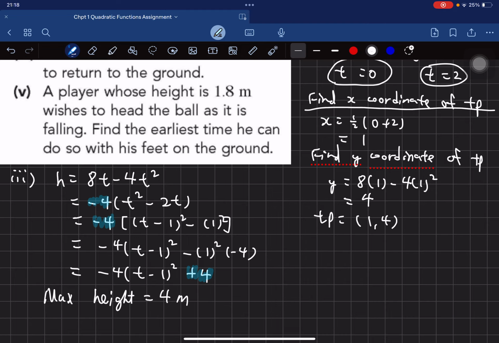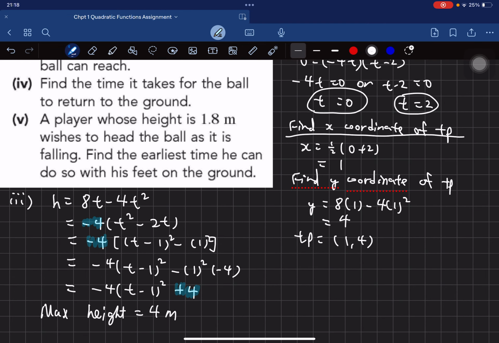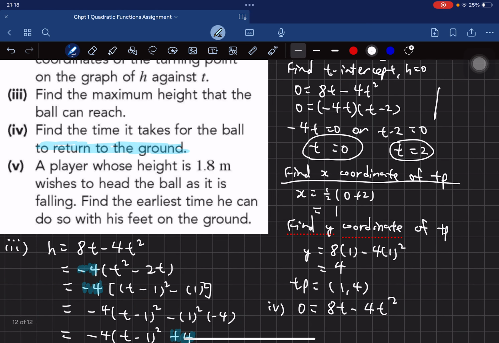Then my part 4, they say find the time it takes for the ball to return to ground. Return to ground means the h value is 0. So h equals 0, so 0 equals 8t minus 4t square. We are just solving this again, which we already did in part 2.